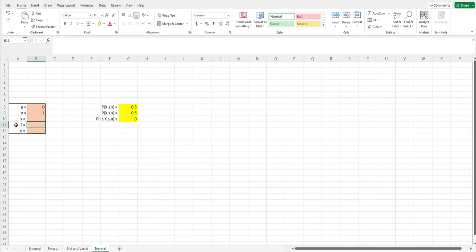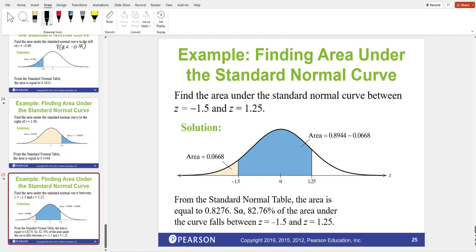So I'm going to go to this L and U, and my lower was negative 1.5 and my upper was 1.25. And you want this box here where X is in between these two numbers is 0.8275, and that's what we calculated there.